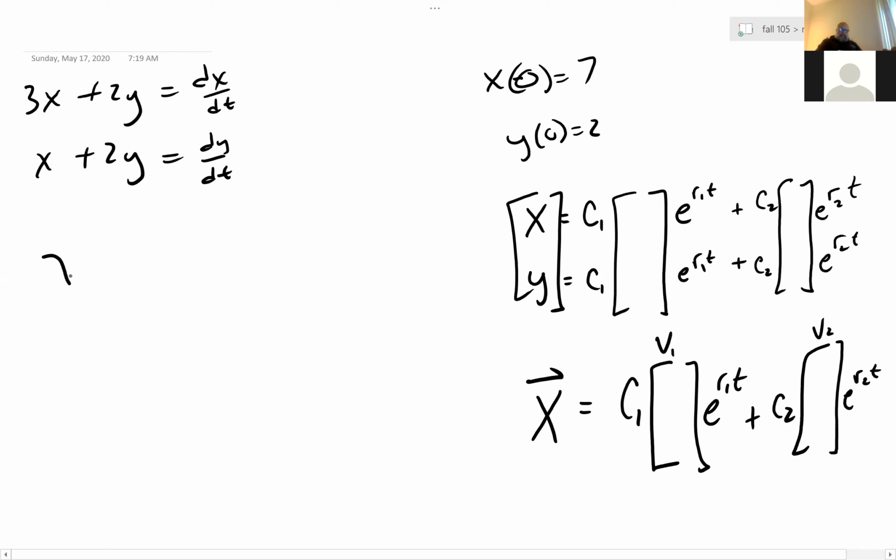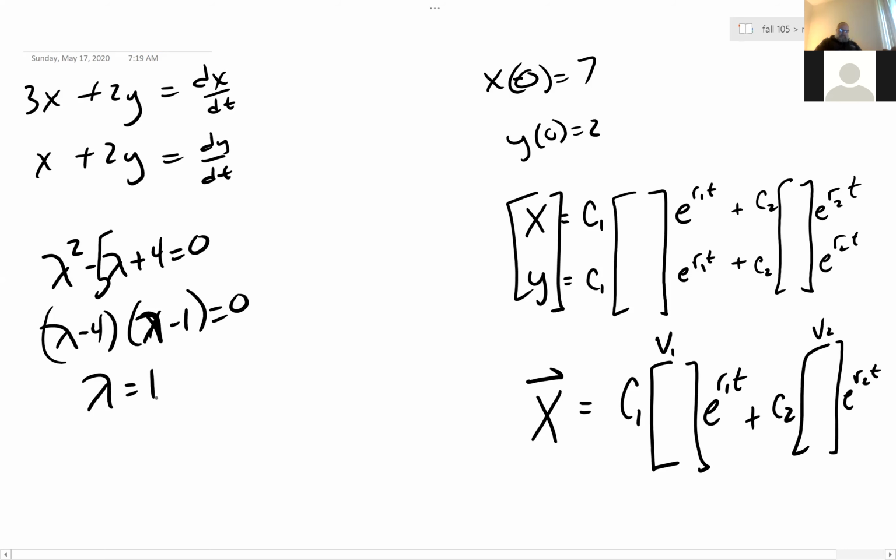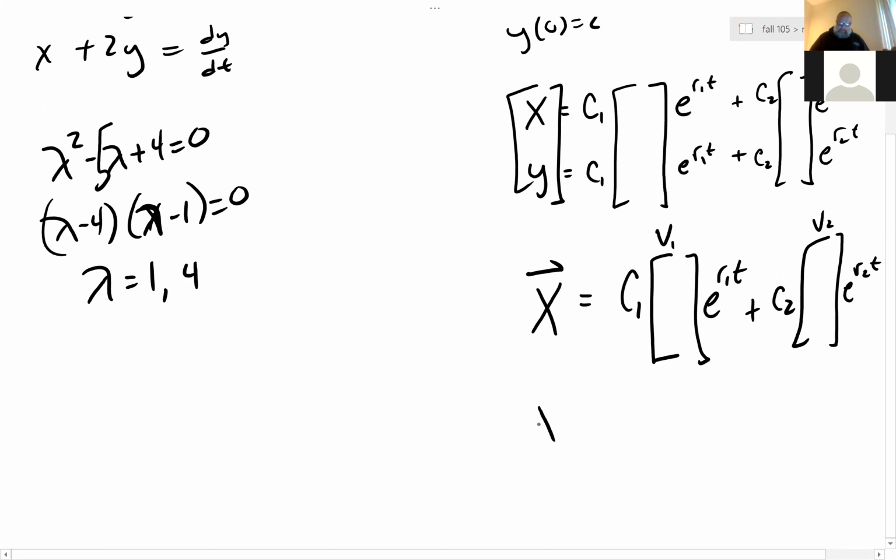And we already said our characteristic equation came out to be lambda minus 4 times lambda minus 1. So our lambdas were 1 and 4. All right, cool.